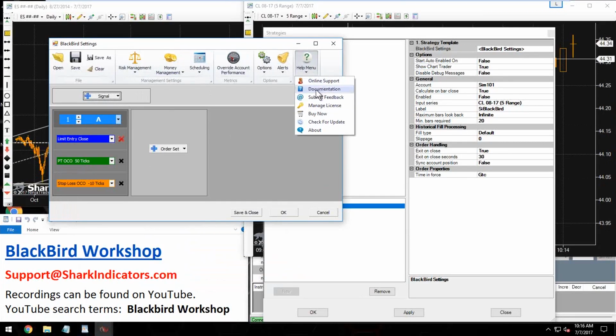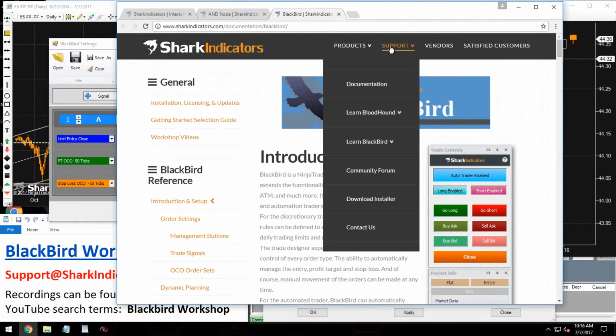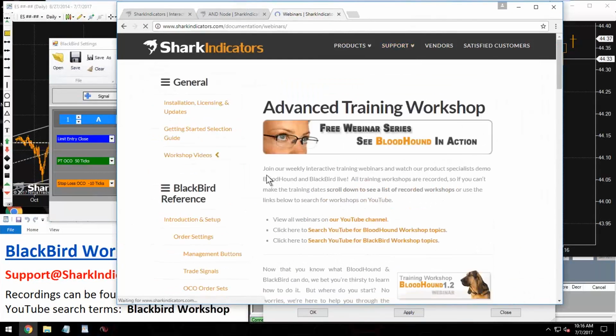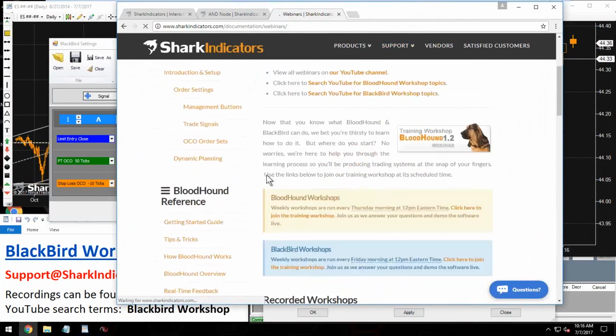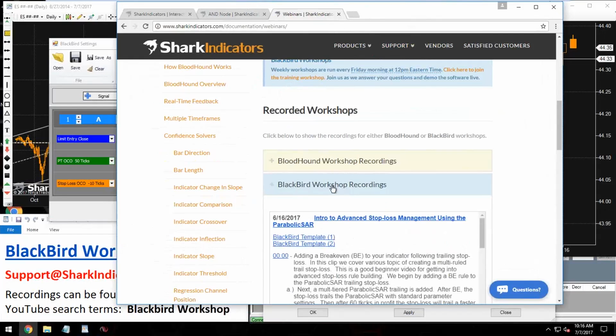you could just go to the help and then click on documentation. Actually, not the documentation. We're going to go over to support, and in the BlackBird area, if you go into the training workshops, there we go. If you go in these training workshops and scroll down, we'll see the BlackBird workshop recordings right there.